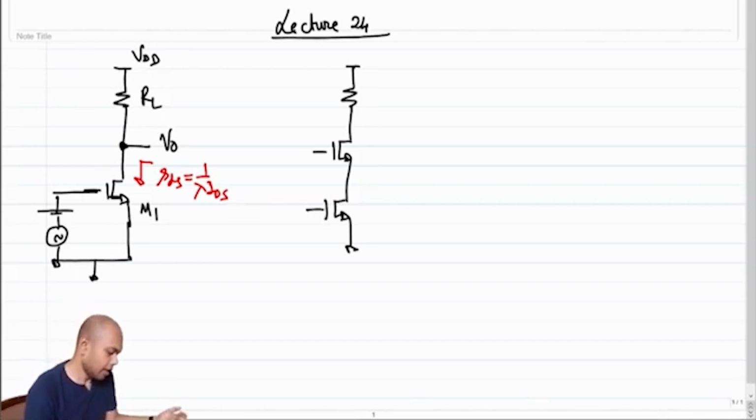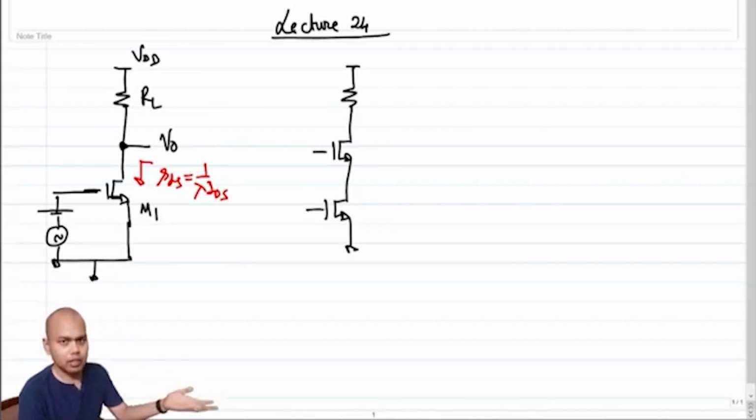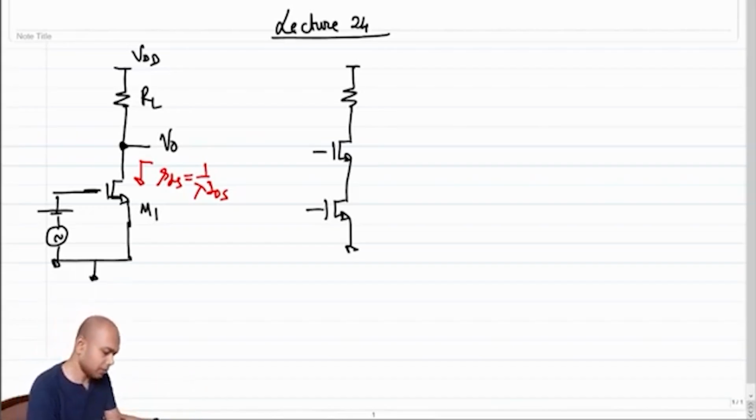So then the natural question was to ask, what can we do to increase the output impedance? And then we argued and we saw that one way to increase our output impedance was to put an incremental current buffer on top of M1, and that's what we did. Let's call this M1 again, and this M2.